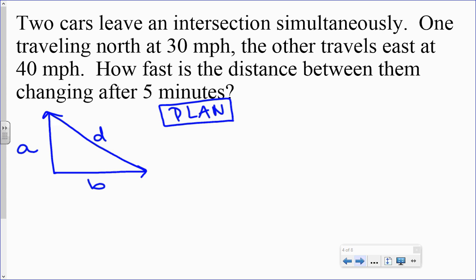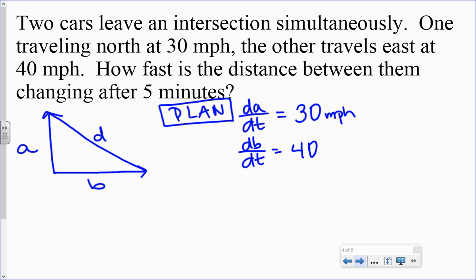What did they give us? They gave us dA/dt. They gave us a rate, right? Miles per hour, that's a rate. So they gave us dA/dt, and they gave us dB/dt, 40 miles per hour.